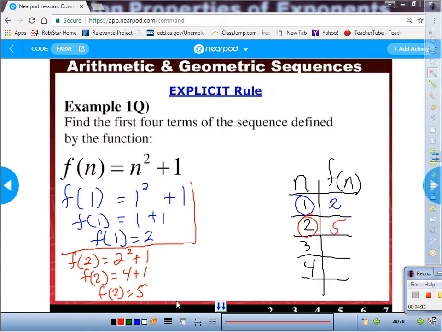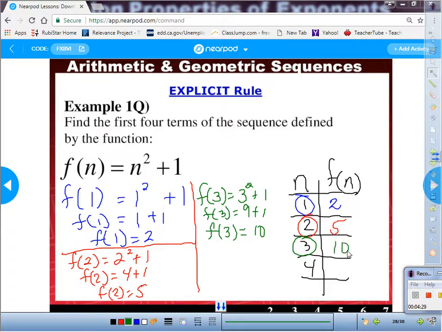And that goes right there. Are we there so far? What would be the next value? 3. So what do I write? F of 3 equals 3 squared plus 1. F of 3 is 9 plus 1. F of 3 is 10. And that goes right there. Is everybody following so far?